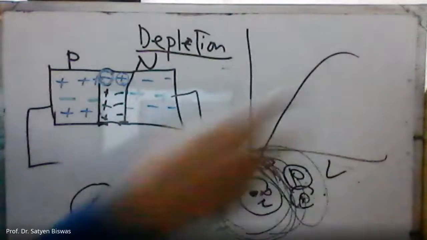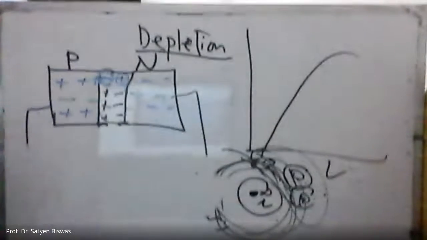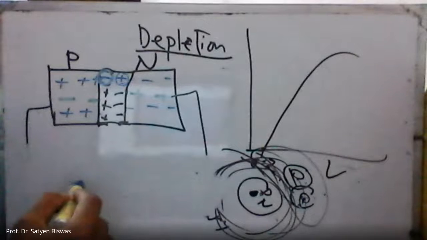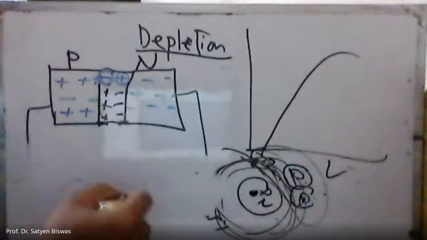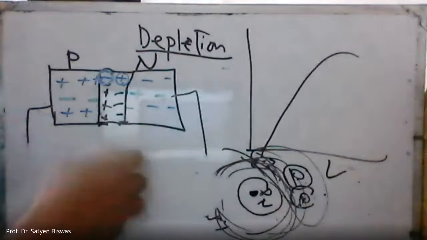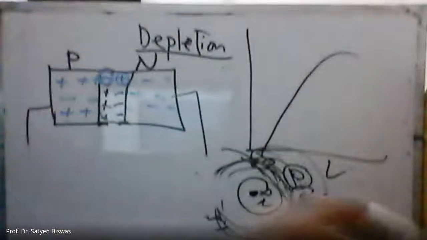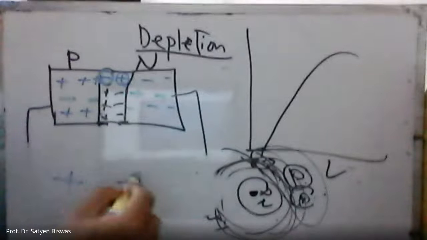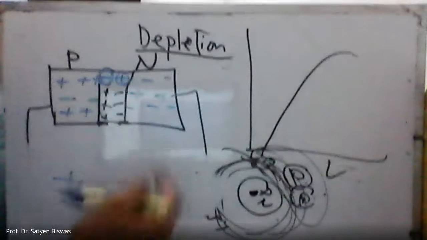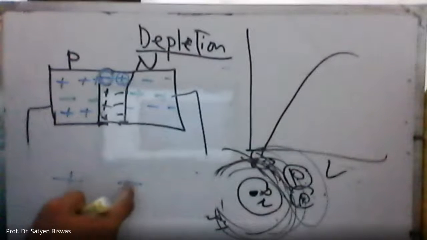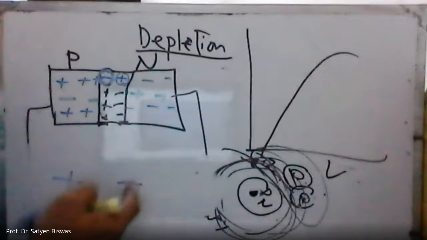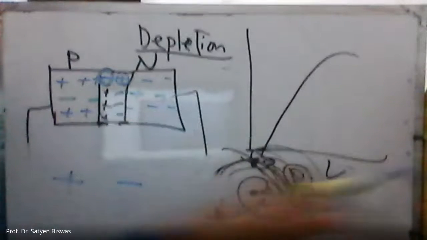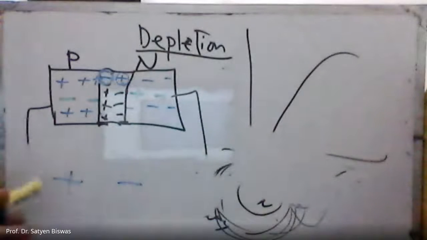Let's say positive, not a circle. This one positive and this one negative, right? And we're considering this is an atom. This is a negative atom. Try to understand this one.